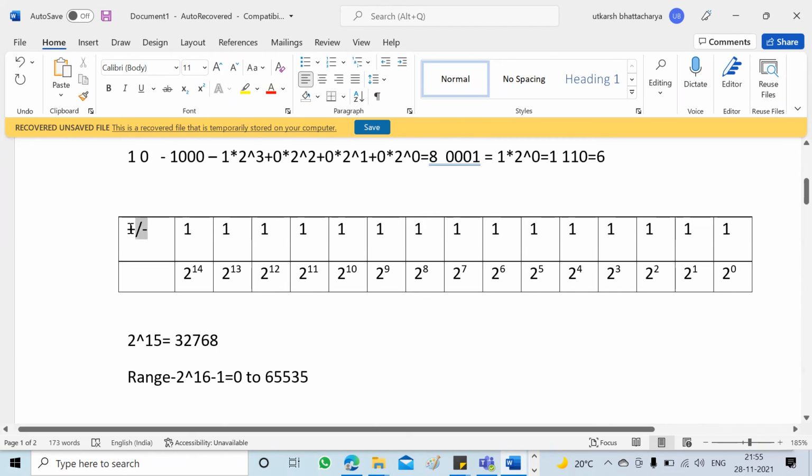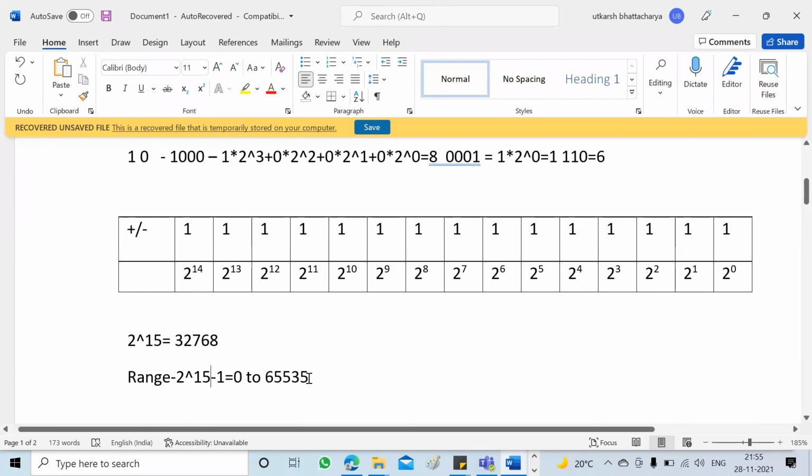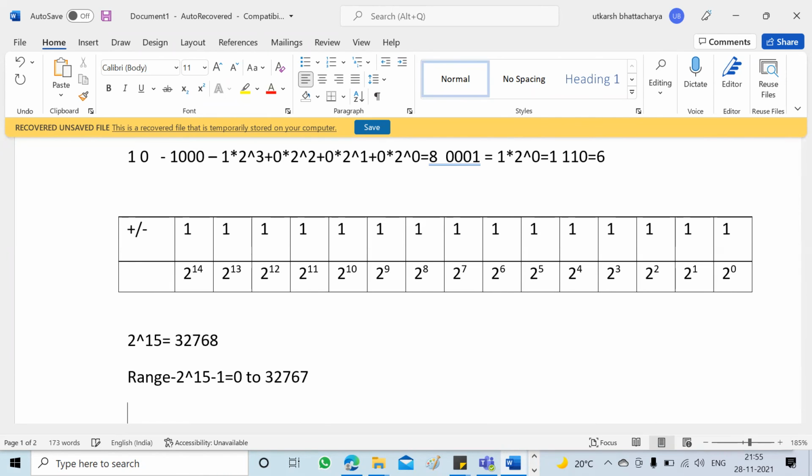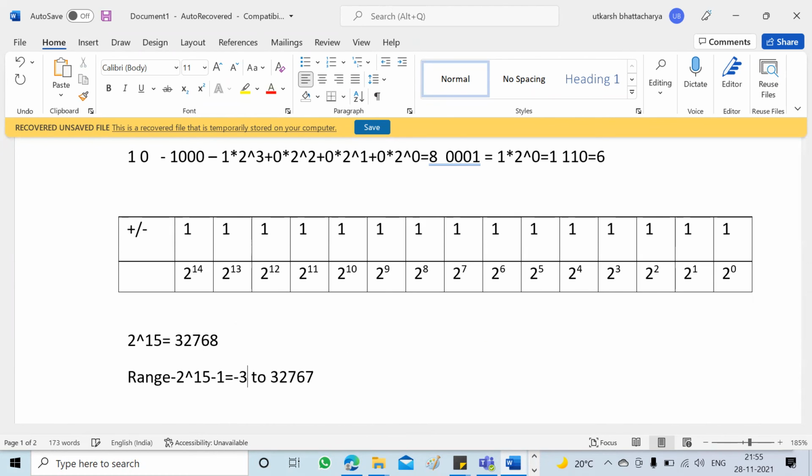Now in this case, the first bit is used for the sign. And now you are going to get 32767 here. So if you change the symbol to minus, you can represent not from 0, you can represent from minus 32768.